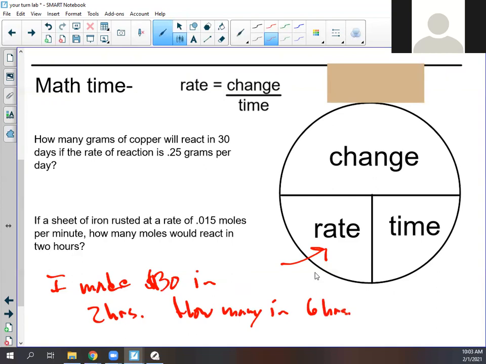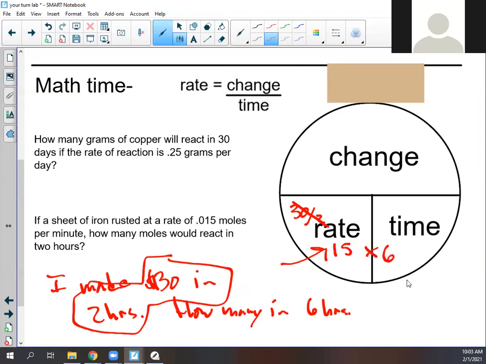Now, that one we can probably just do in our head, but when we throw in moles and stuff, once again, it's a little tricky. So the rate is 30 in 2. So sometimes you have to calculate the rate first. Now, 30 over 2 is really 15, right? And then I multiply it by 6, and I get that I can make $75.